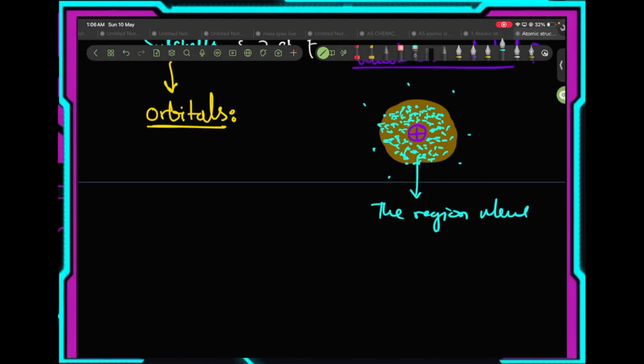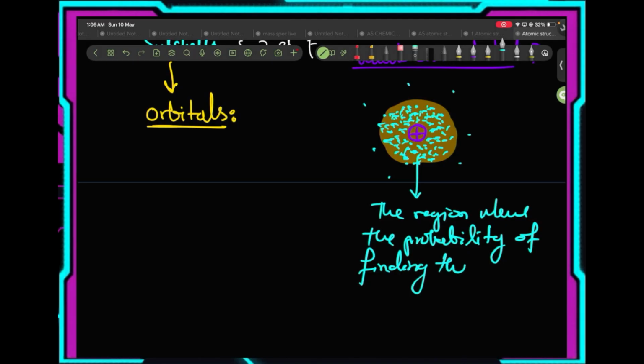So the region where the probability of finding the electron is maximum, that is known as an orbital.